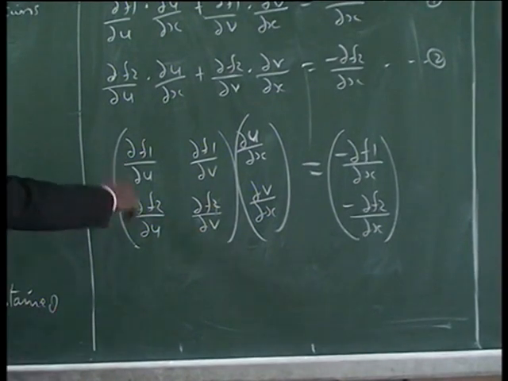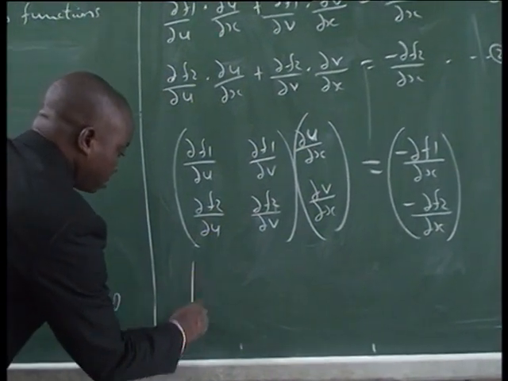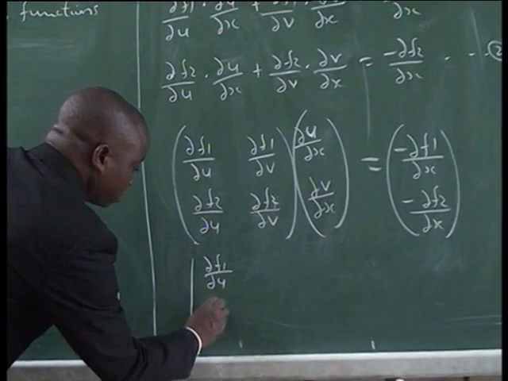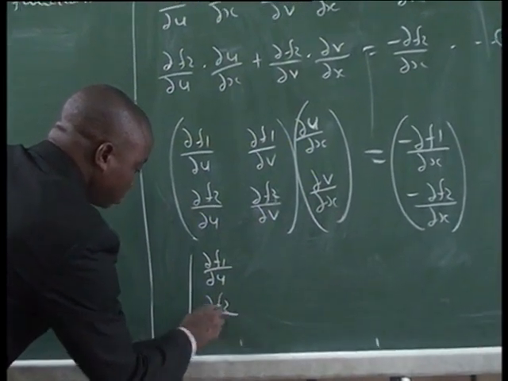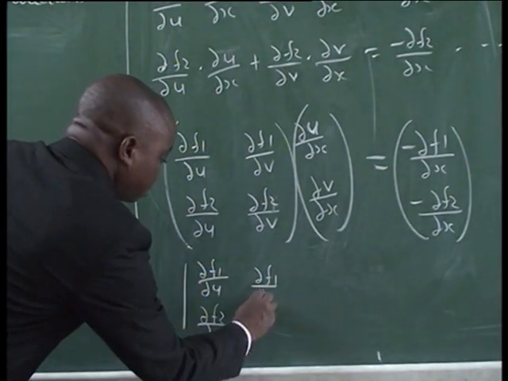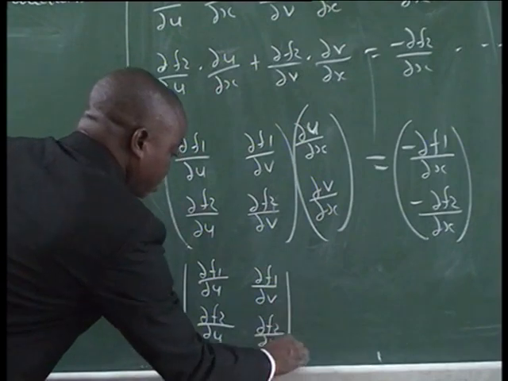So if we put this in determinant form, we will have partial f1 partial u, partial f2 partial u, partial f1 partial v, partial f2 partial v.